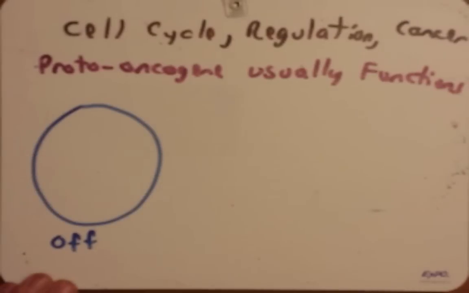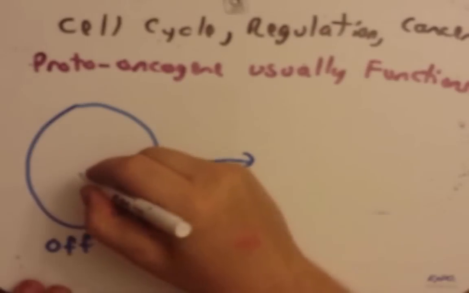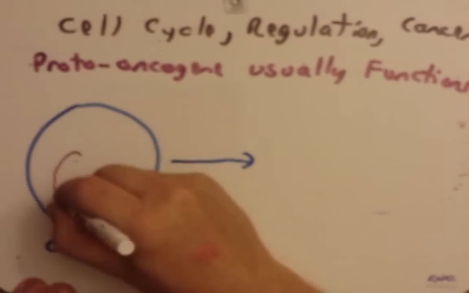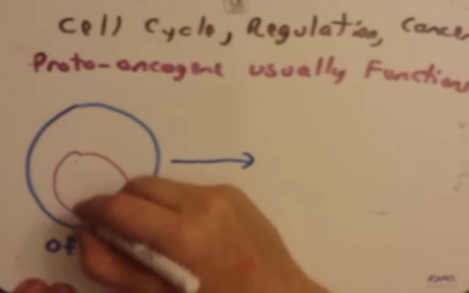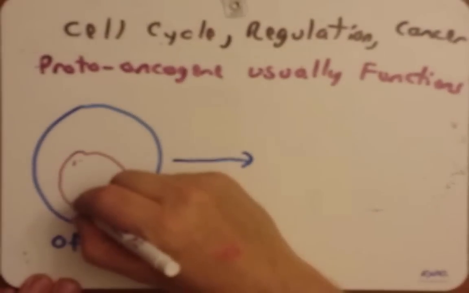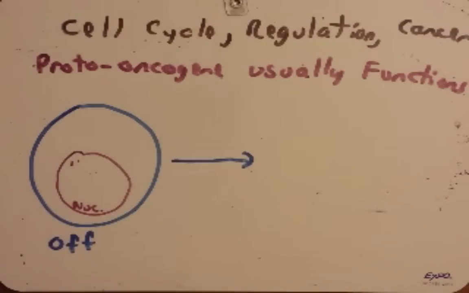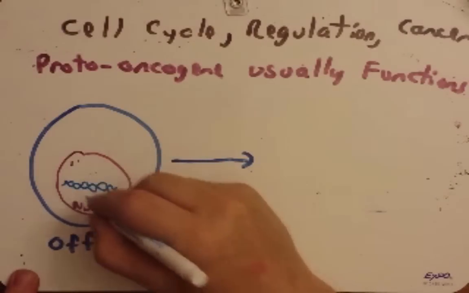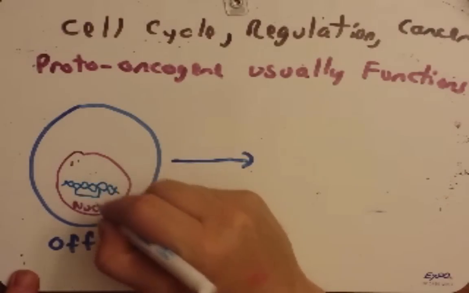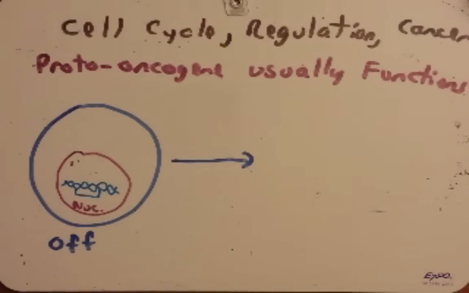For whatever reason, it's off, and so the cell's not dividing. Let's draw the nucleus in here. So that's our nucleus. And let's put some DNA in there, because we're all about the DNA. There's a gene here that needs to be turned on in order for the cell cycle to move forward.